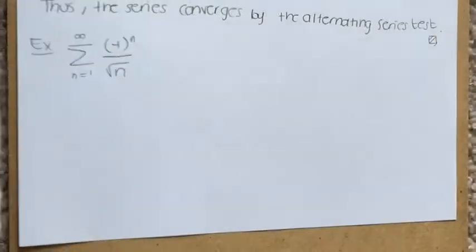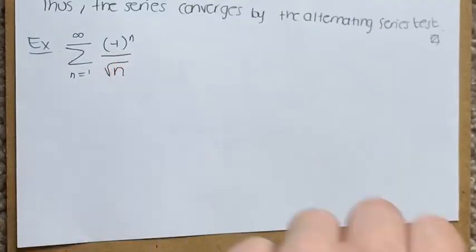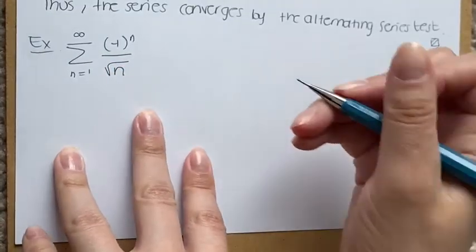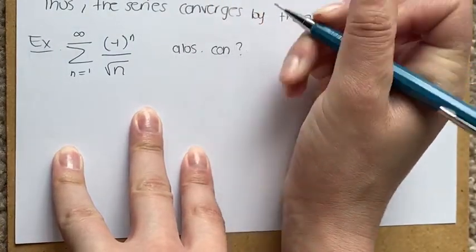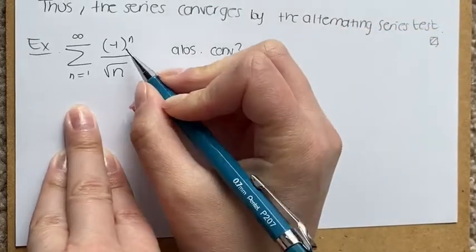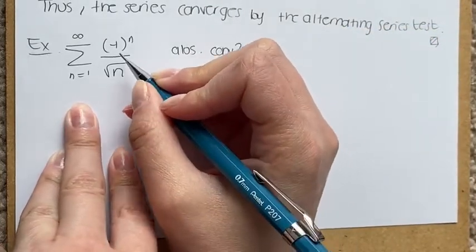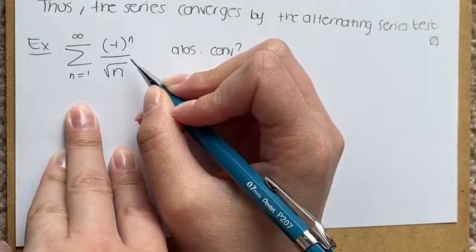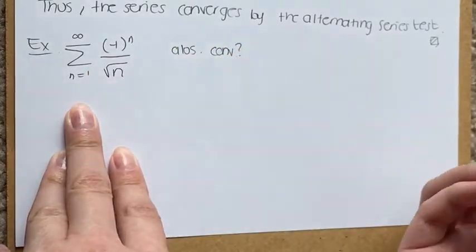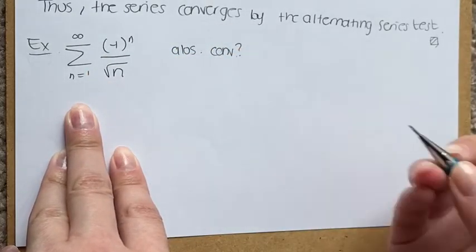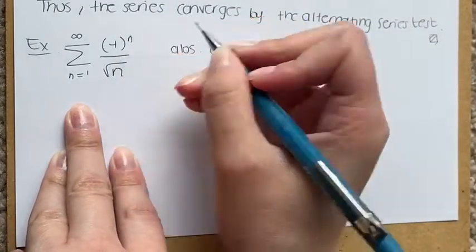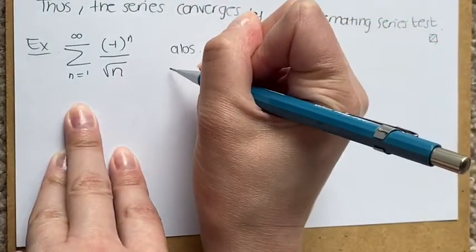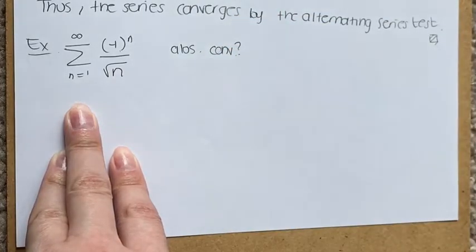Let's look at this example. So we have this series and we want to see if it's absolutely convergent. That's the question. So what are you going to do here? Well, the first thing that you're going to do is, is my series converging or diverging? So first test the series as it is. I know that it's an alternating series, so I want to see if the 3 conditions are met.